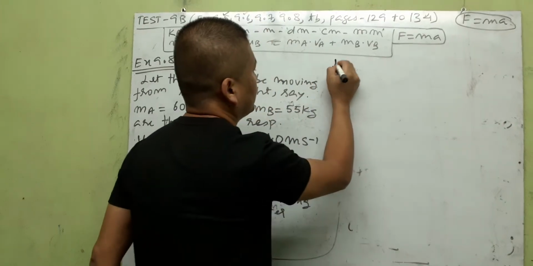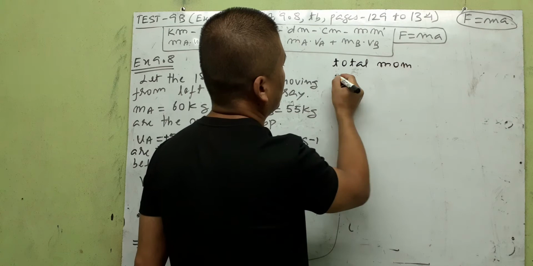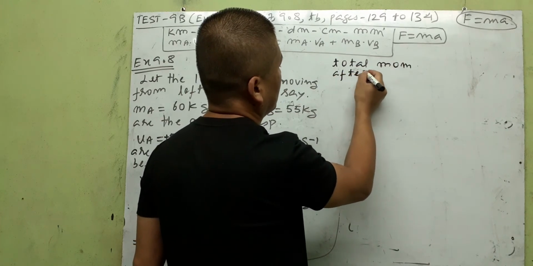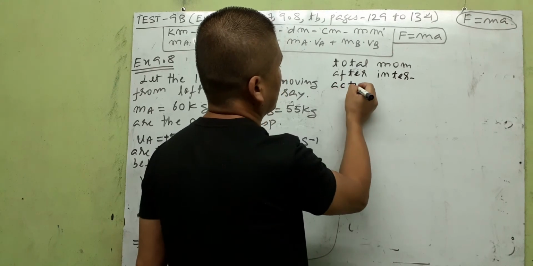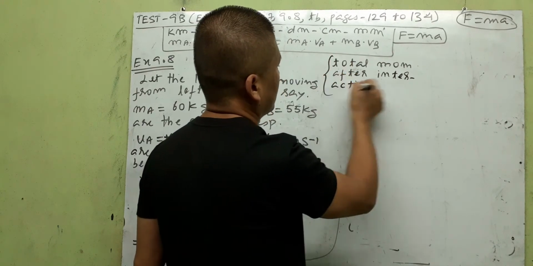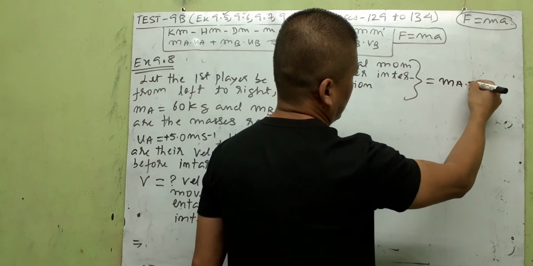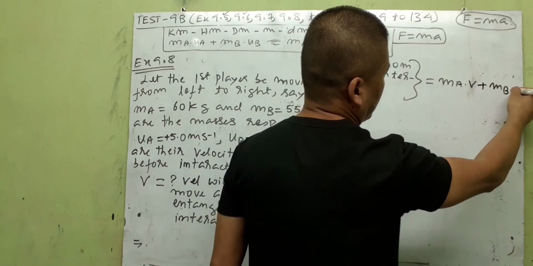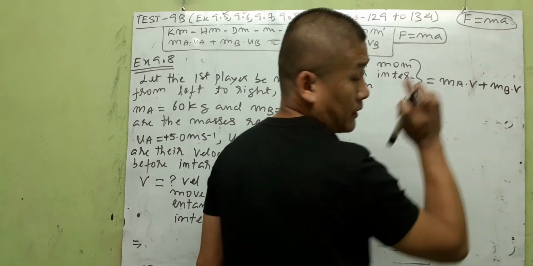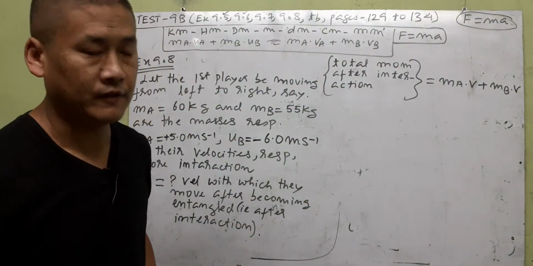Let's write here total momentum after interaction. After interaction, this is the mass of the first player into velocity, both of them have same, plus mass of the second player into velocity after interaction, V, because both of them are now moving with same V. That's why there is no VA, VB there.